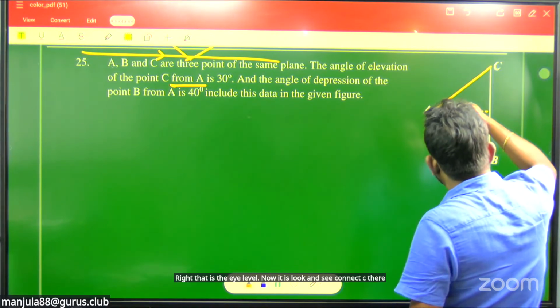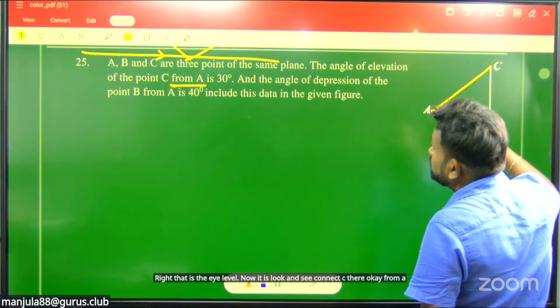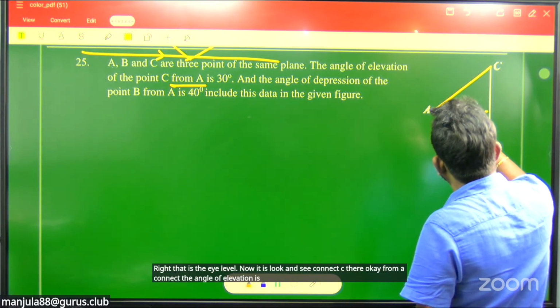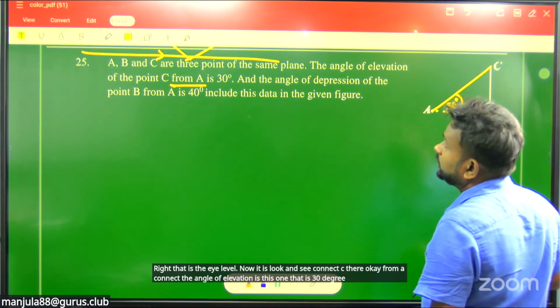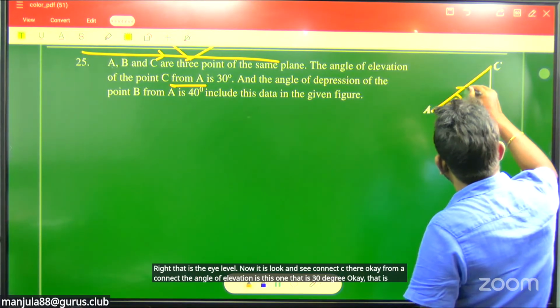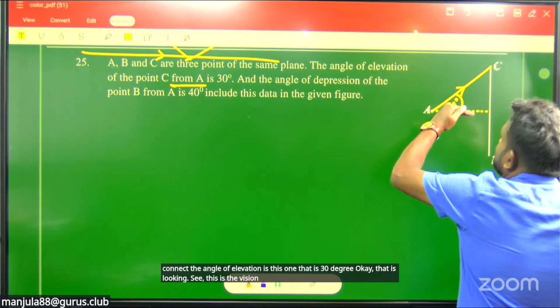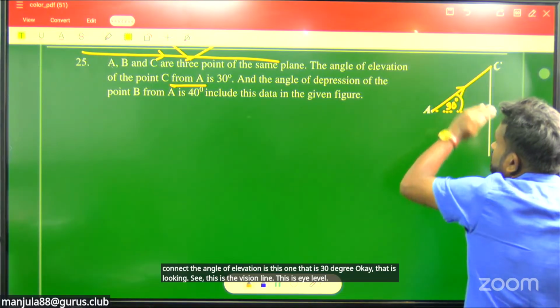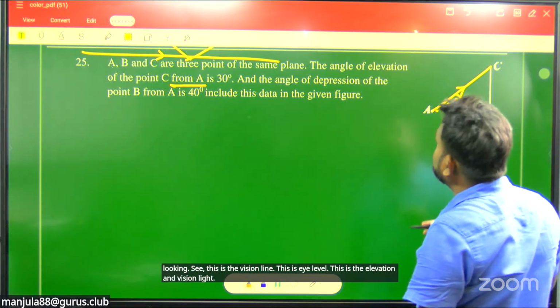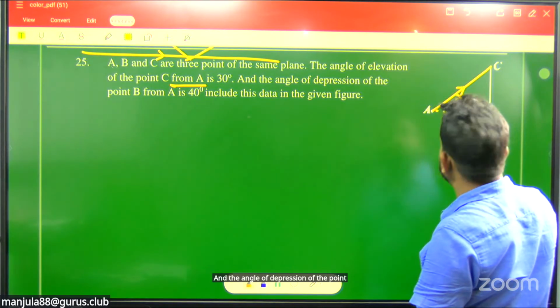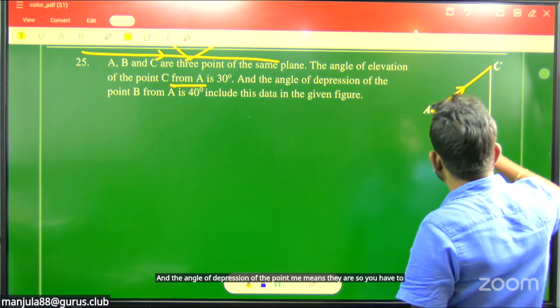From A, connect; the angle of elevation is this one, that is 30 degrees. That is looking at C. This is the vision line, this is the eye level. This is the elevation and vision line. And the angle of depression of the point B is there, so you have to connect AB, that is the depression.